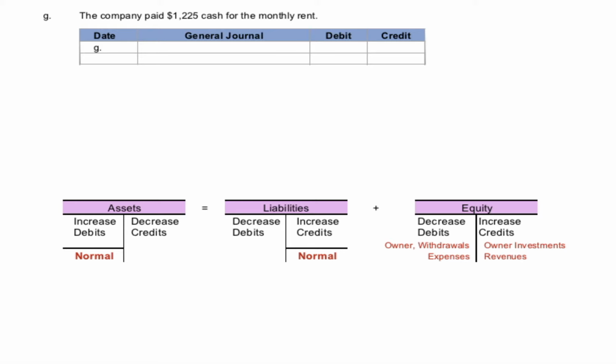But the fact that owner's withdrawals and expenses are on the left side over here basically just means treat them like you would asset accounts. So these both carry debit balances and are increased with debits. So we've got a debit to rent expense for $1,225.